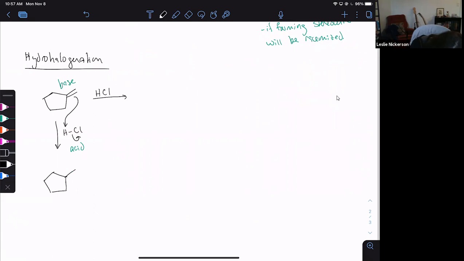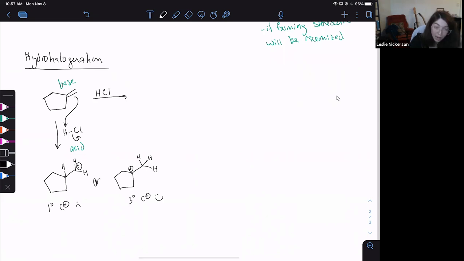I could put it here, which means my carbocation's over on this side, or I can put it on the other side to put my carbocation there. So again, I've got a primary here. That's sad. I've got a tertiary here. That's happy.